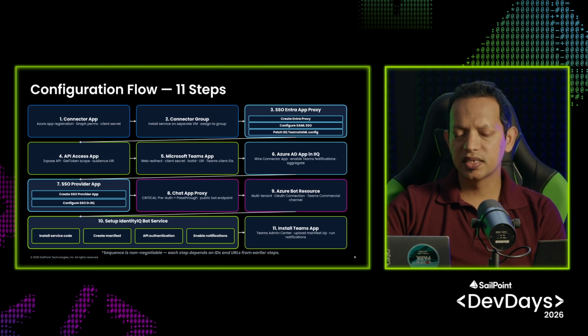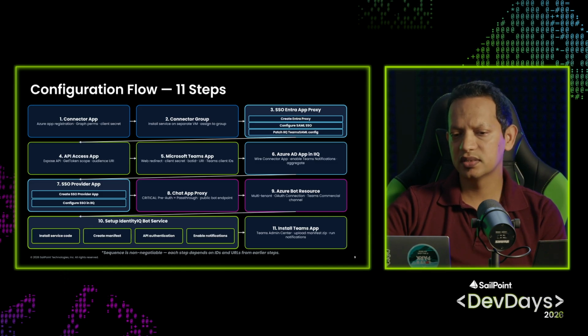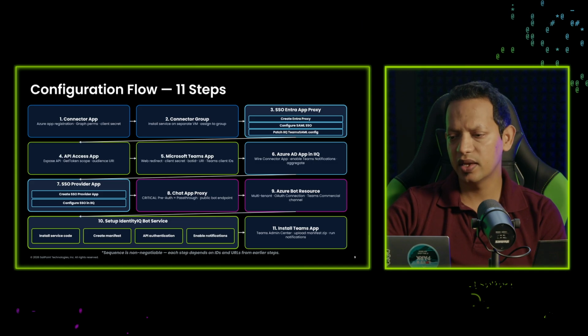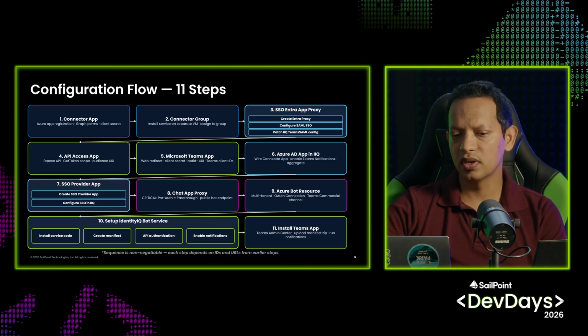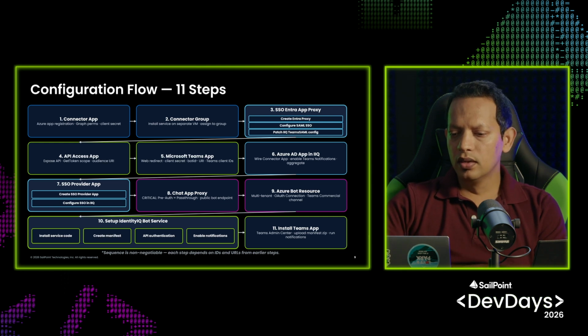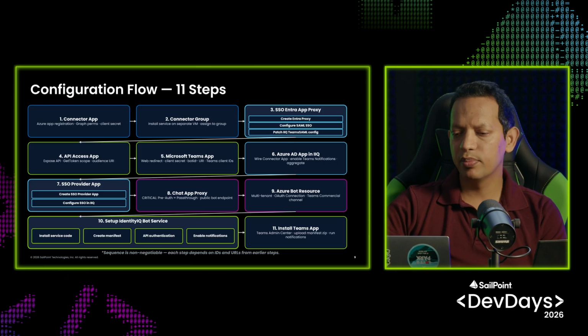Now, the next step is the SSO provider app. Again, this is to facilitate the single sign-on between Teams and IIQ. This simplifies the login process without users logging into IIQ again. Now, the next one is the chat app proxy. Again, this is very similar to the Azure Entra application proxy.